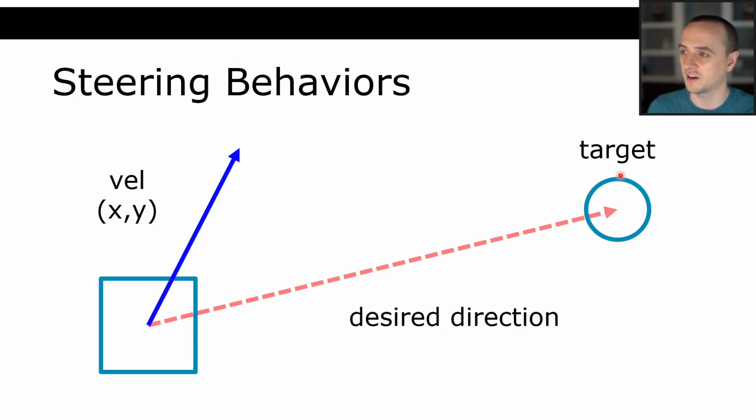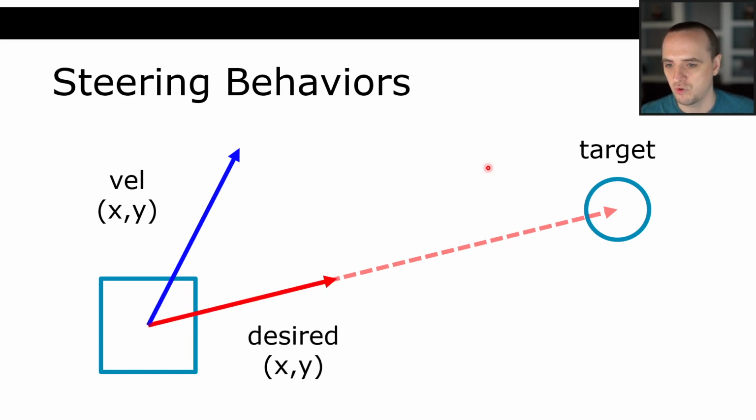Think of it as a car. Can a car instantly shift? No, it can't. It has to turn at some turning velocity toward a target. So if this is the desired direction toward the target, then this red vector is our desired velocity. We have a current velocity, and the length of that velocity is our current speed.